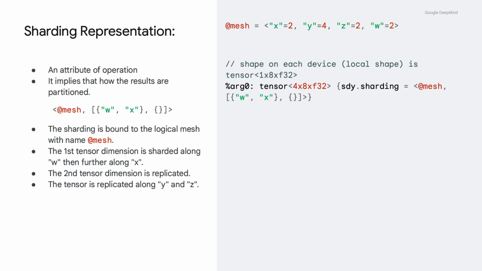We have 32 devices and reshape them into this mesh. Then we partition the first dimension along W and X, and we do not partition the second dimension, which means the second dimension is fully replicated. Y and Z are not used to partition this tensor, which implies that the tensor is replicated along Y and Z.